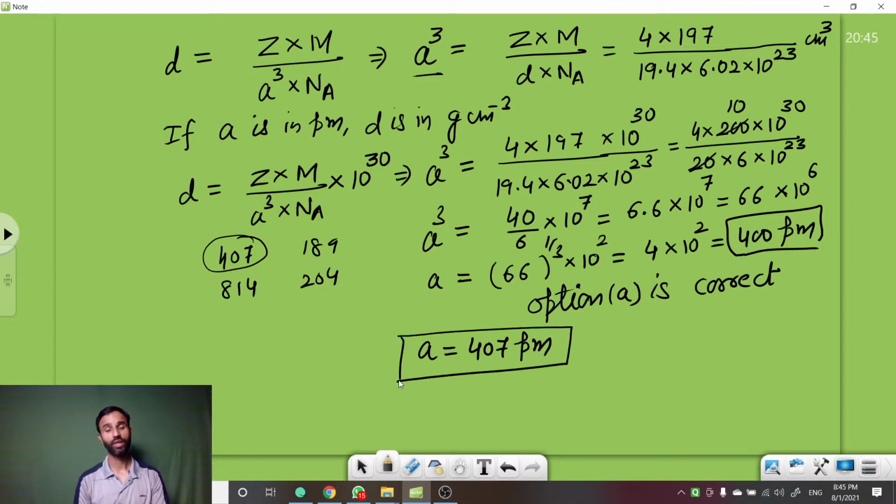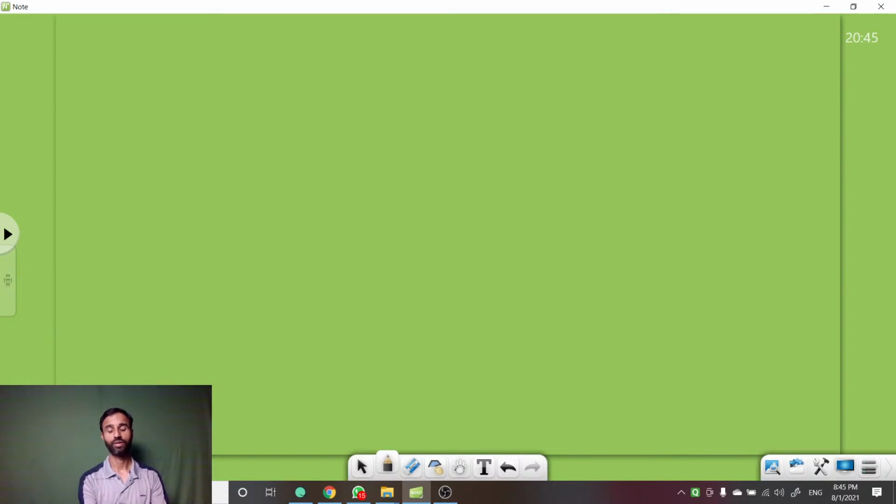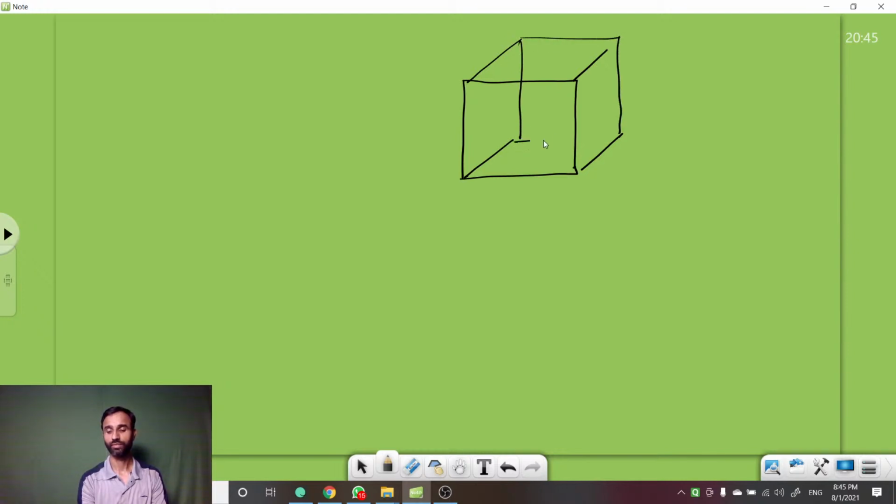If these atoms are assumed to be spheres, then in FCC, spheres are touching along the face diagonal.